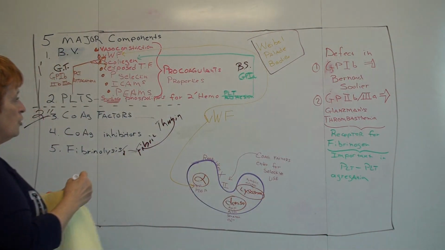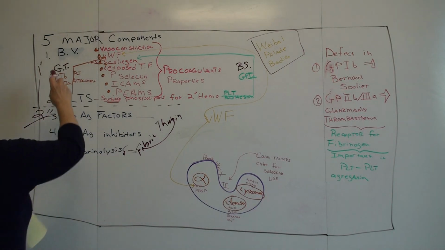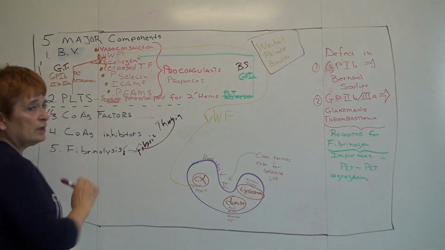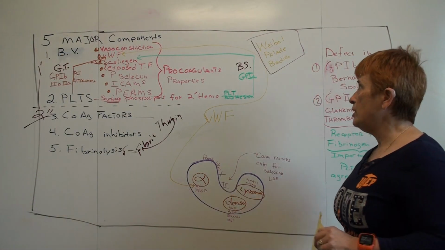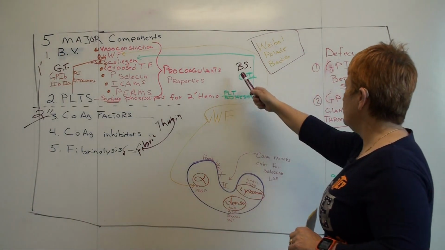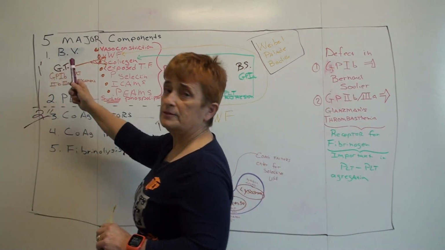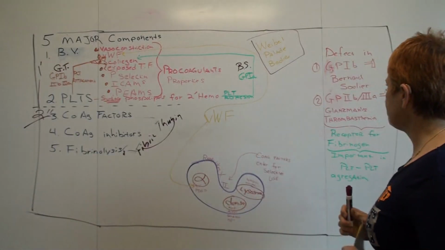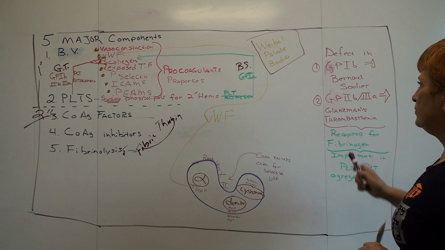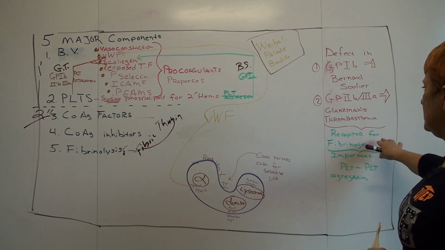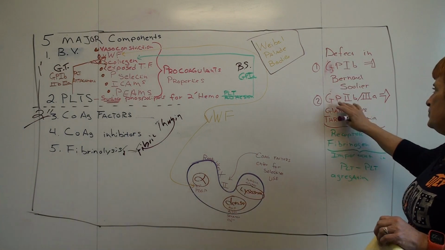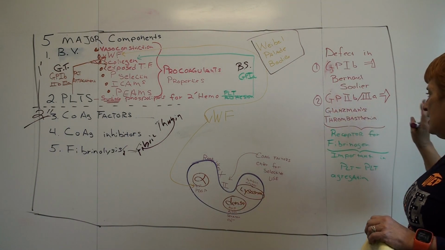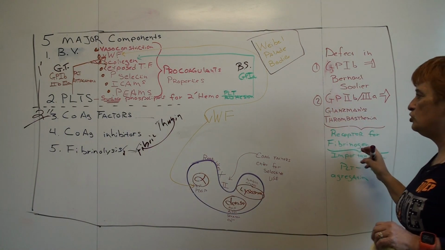Okay. So if I have a problem with these attachments, there are two disorders that you need to remember, and that's your Bernard-Soulier and your Glanzmann's thrombasthenia. All right, so why are these important? Because especially 2B, 3A, they have receptors for fibrinogen.